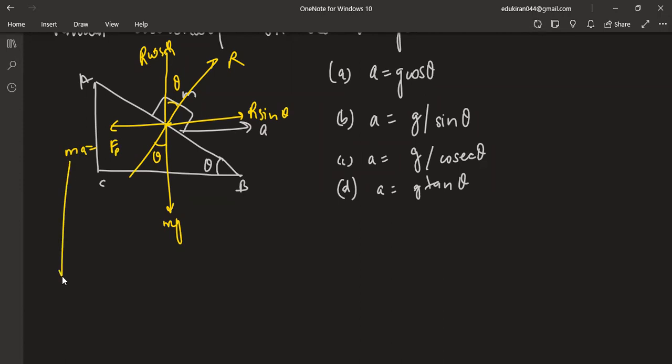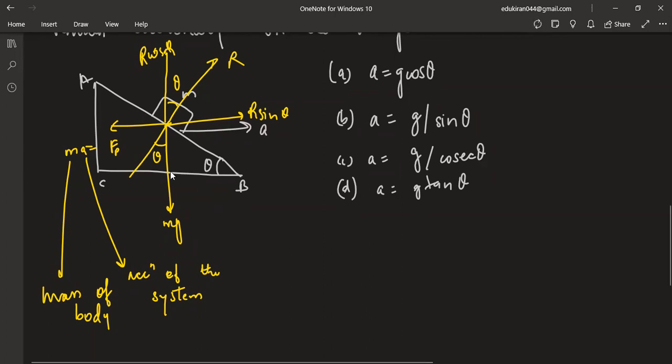There is the formula. m is mass of body, a is acceleration of the system. This is what you have to write. Now see, now this is easy for you to write. Just all the forces will balance each other.